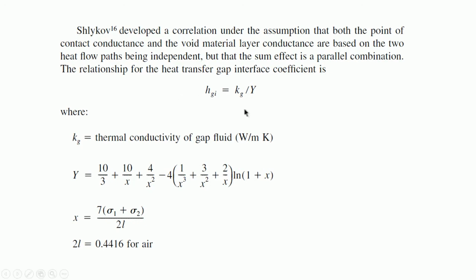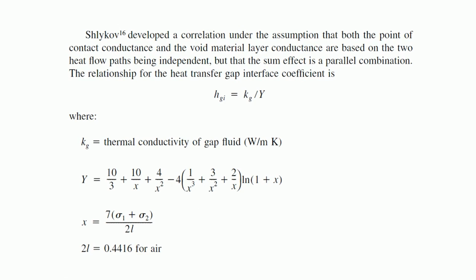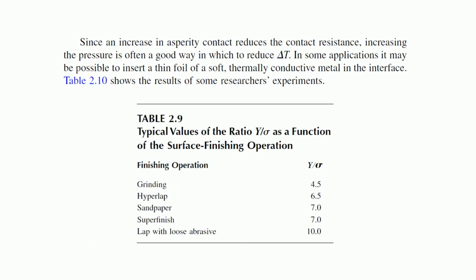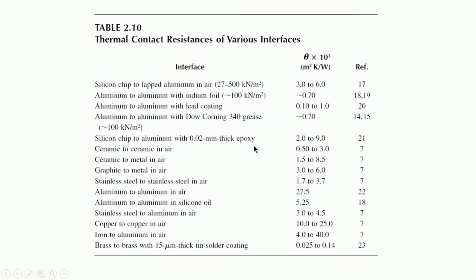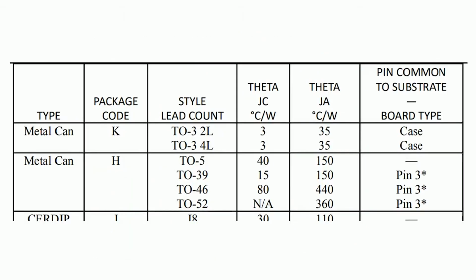So, they have given all these things, saying thermal conductivity with the gap fluid, and if you know the values, everything depends on obviously what is x and all that is possible for you to determine, provided you know all the values. So, y by gamma as a function and all these things are already available in case somebody is trying to make a huge software.